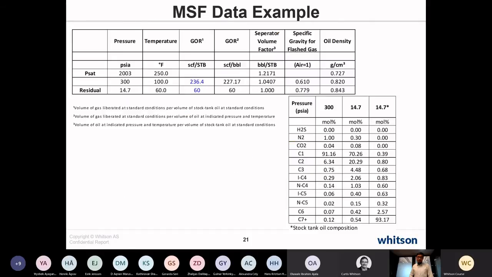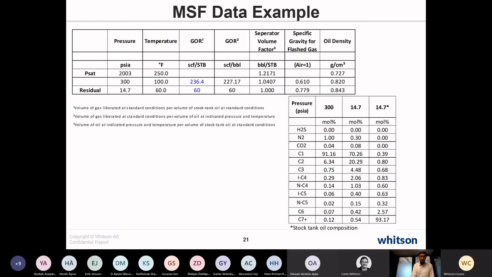Yeah, and then if you look at our PVT report, that's how the table looks. We have only the separator test for the oil sample, starting from the saturation pressure, which we saw was about 2000 psi. And then we have used the same separator conditions as in the gas condensate PVT report, 300 psi, 100 degrees Fahrenheit, and then we have the two GORs.